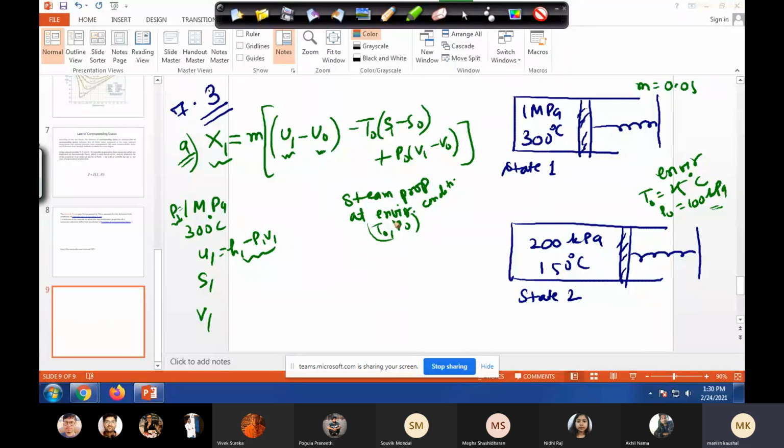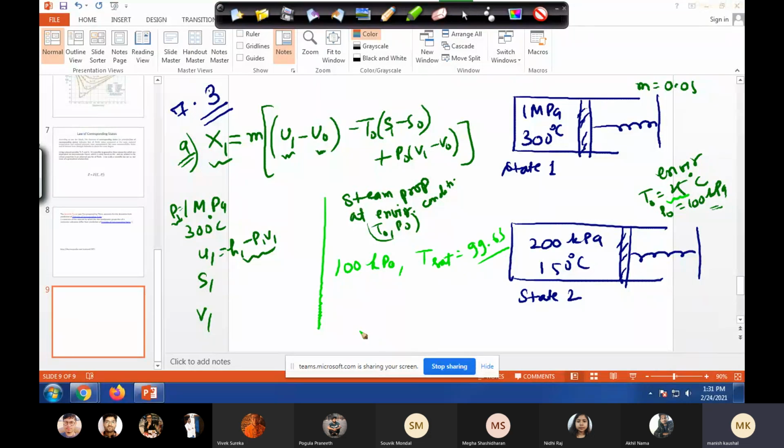Now what you have to approximate here: the environmental condition is 25 degrees, 100 kilopascal. If we check the steam table for 100 kilopascal, Tsat is 99.63, whereas our temperature is 25 degrees, less than Tsat.